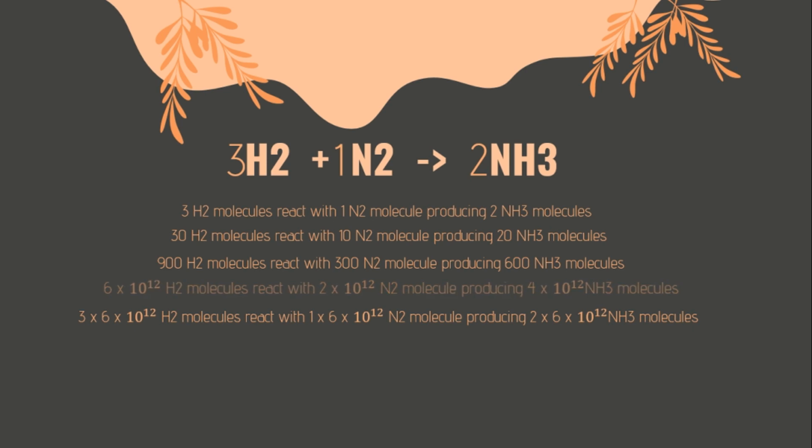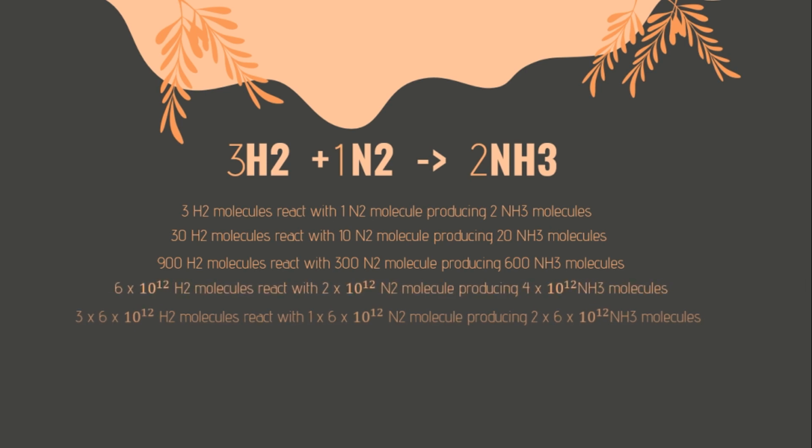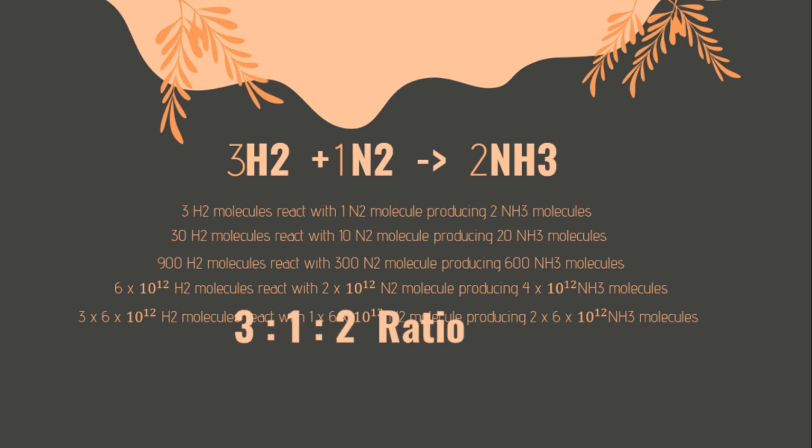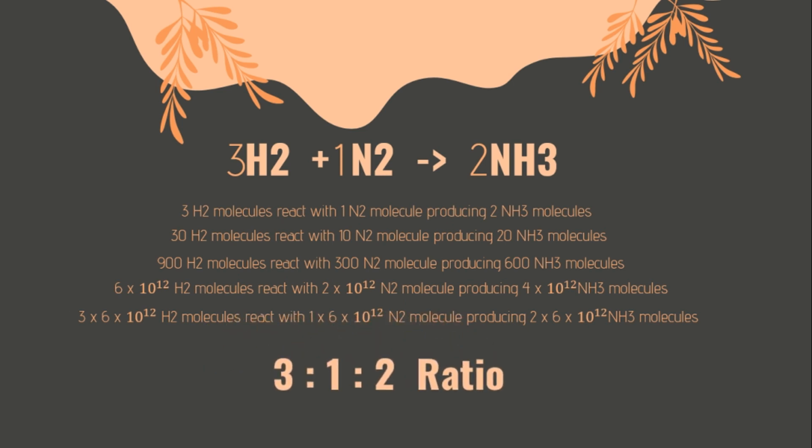And so, the coefficients of any chemical equation give the ratio of reactants to products in the reaction. The ratios can work for us mathematically, because even if we use a very large amount of molecules, the ratio remains constant. And now, we can see how this all connects to molar amounts of particles.